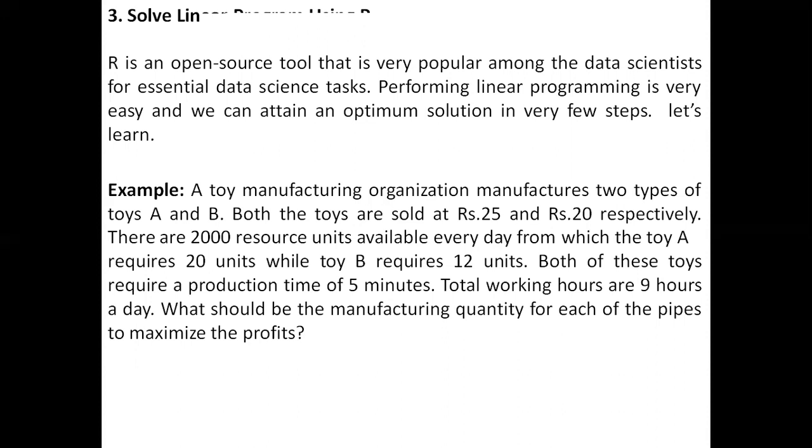So the rest of the 8 hours 55 minutes is extra. So if we calculate the required quantity of toys for 5 minutes in both A and B resource units, the additional can be identified simultaneously.